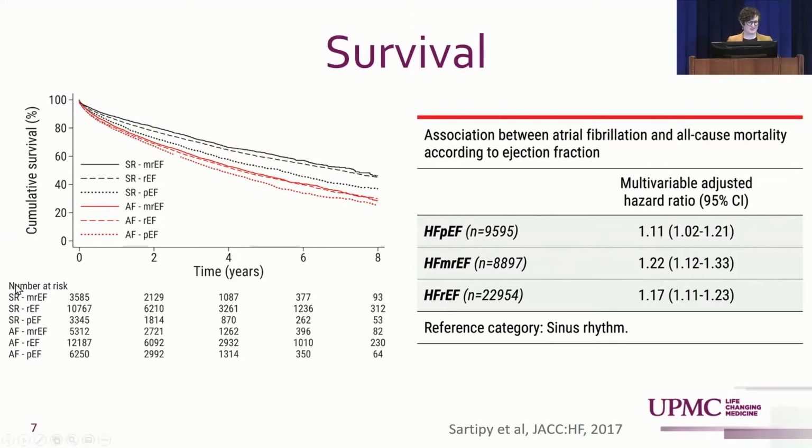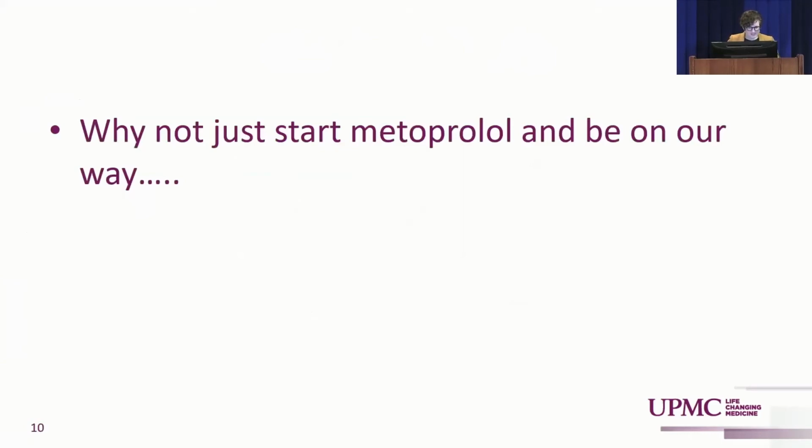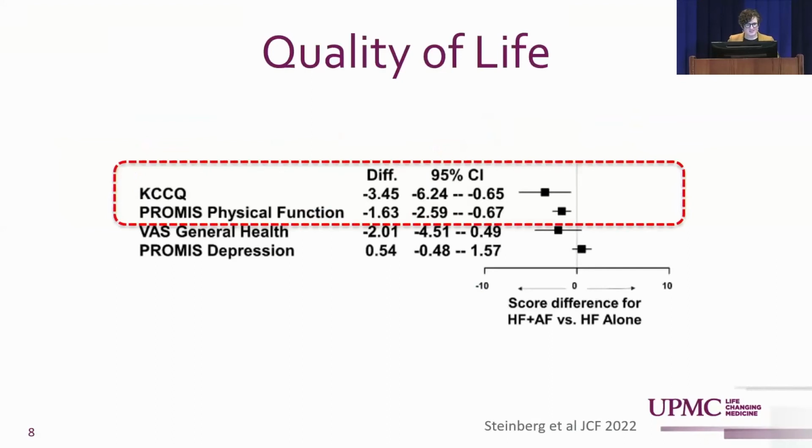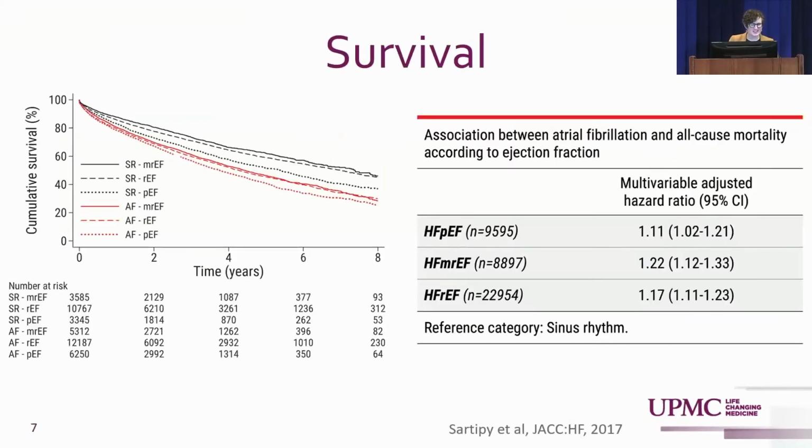Interestingly, I don't know if you can see this because I know it's pretty small, but of course, I'm going to go forward instead of using the laser pointing. So the dotted line in black, the sinus rhythm HFpEF, has worse mortality than the patients with HFrEF and sinus rhythm, which I think is interesting, mainly because I'm seeing a ton of these patients in clinic.